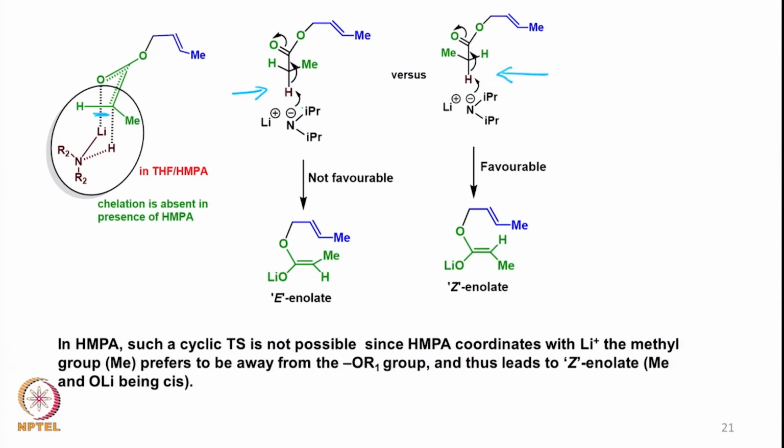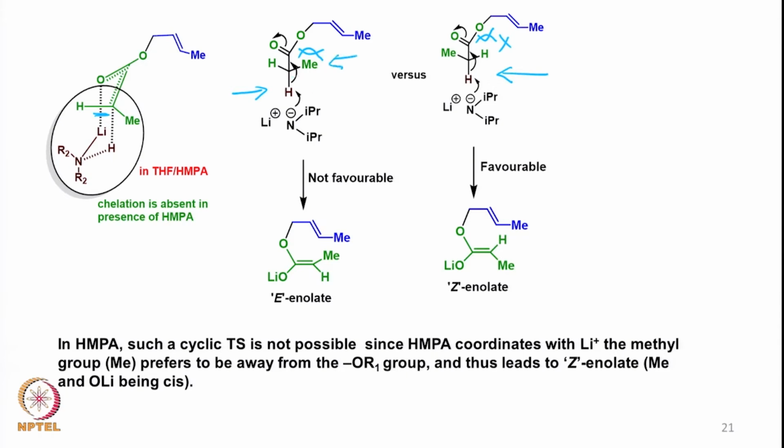Now we have two possibilities in the transition state when the proton is being abstracted from here: the methyl can have an orientation like this, where you can expect steric hindrance, or like this, where there is no steric hindrance. There is no steric hindrance here, there is steric hindrance here.